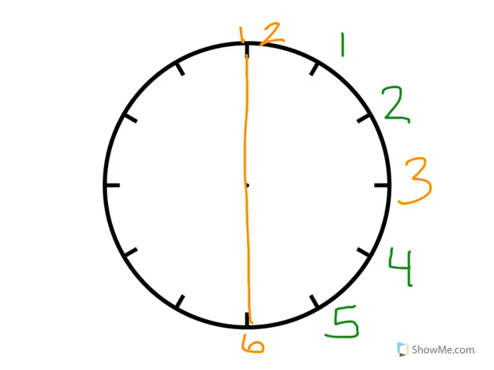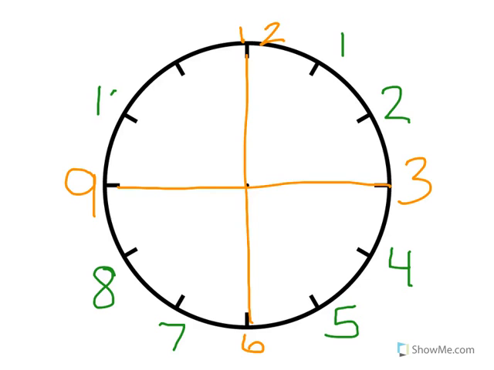Erase that. Now we've got 12, 1, 2, 3, 4, 5, 6. The next number would be 7. Then 8. Then, oh, it's an anchor point, 9. Now I can connect 9 and 3 because they go across from each other.